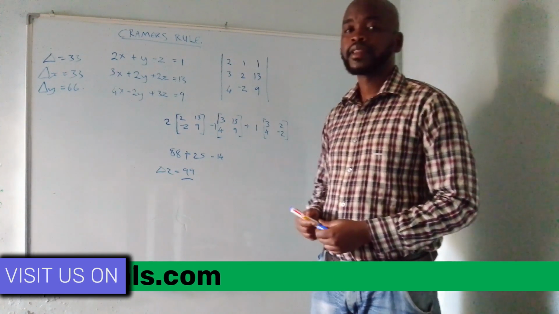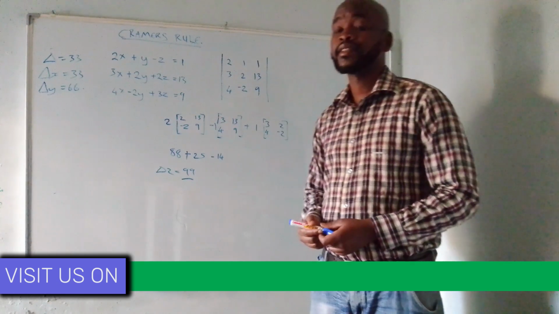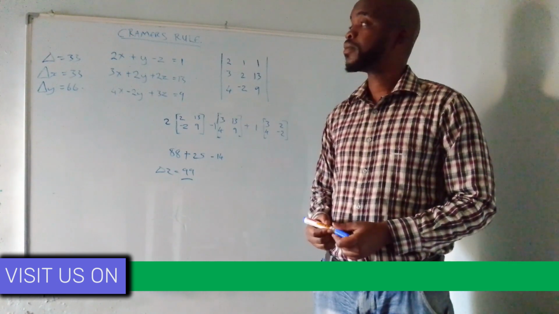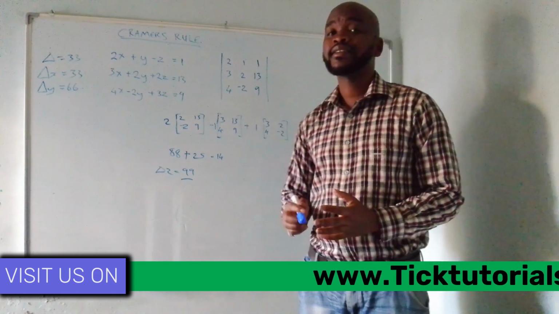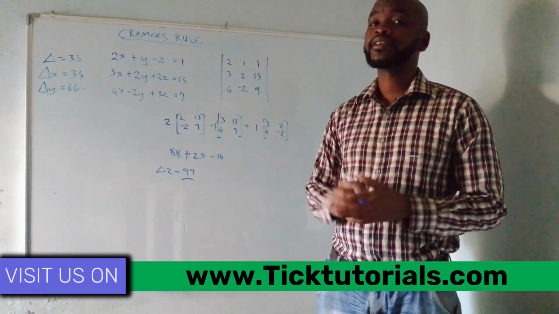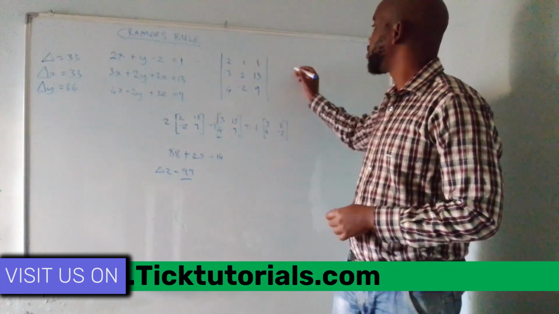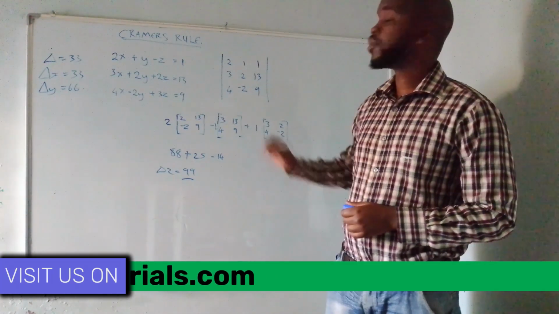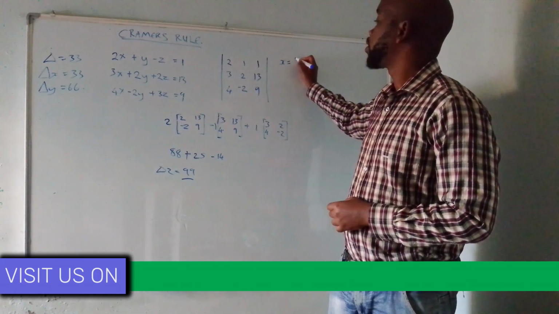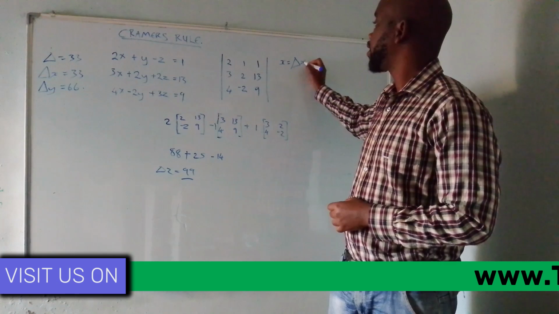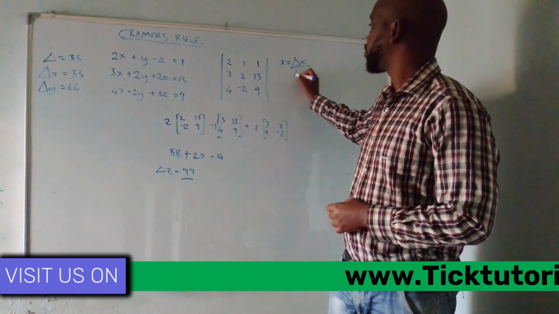Now, the next step, since we've gotten the determinants for the four matrices, is to find our variables, and we use a simple formula, which is for each variable, x, for example, will be equal to the change in x all over our change.